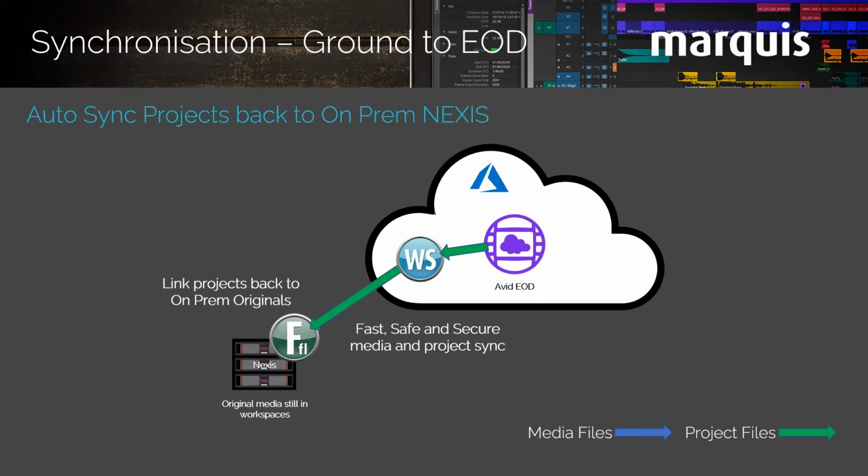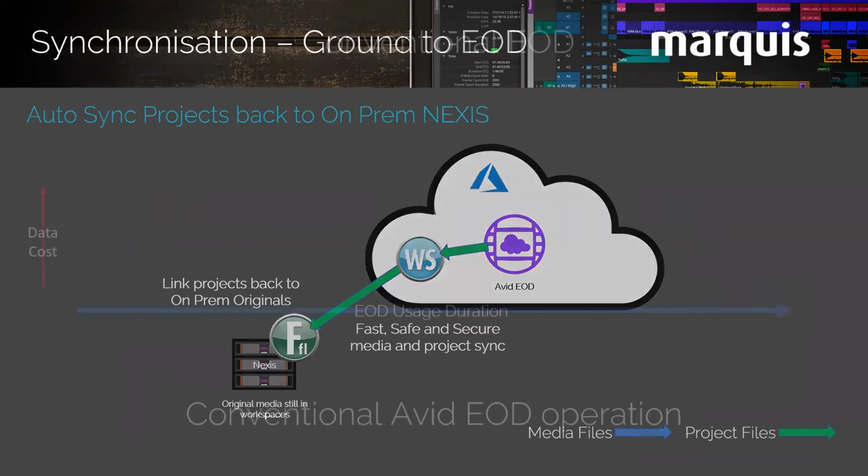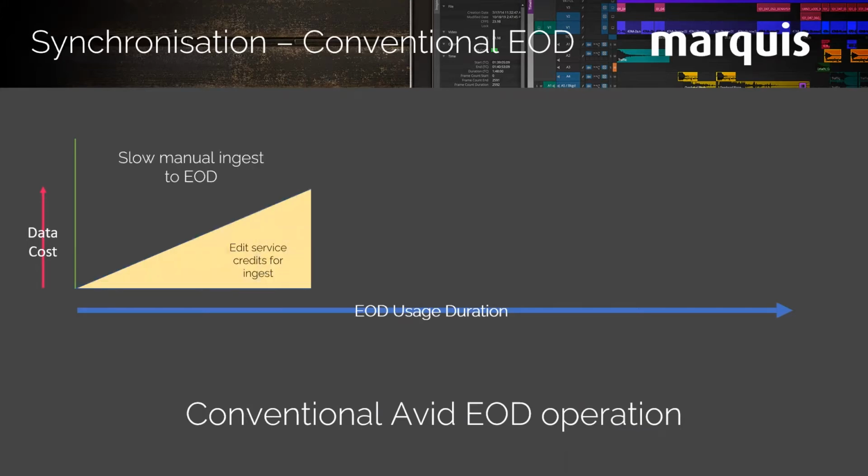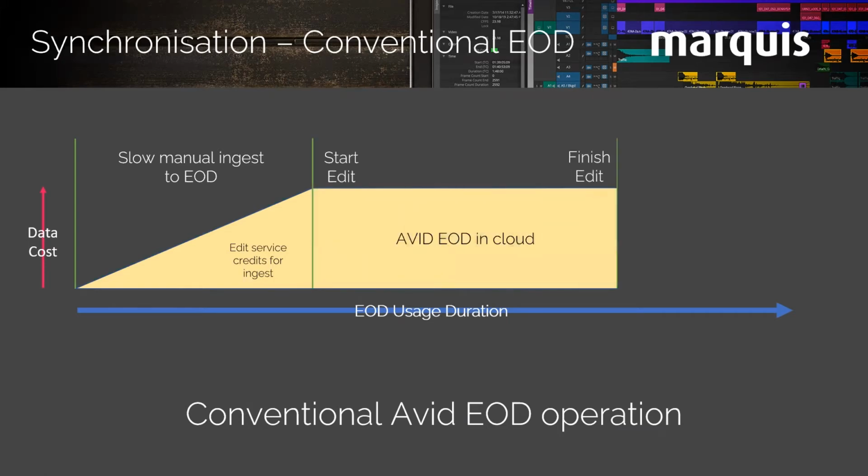Now, if I look at how this kind of workflow would come together in a conventional EOD environment, we'll see first off, there's a gradual buildup of content during the ingest phase as the items are being brought into the on-premise system and chosen by the user and pushed up to EOD and manually triggering the uploads. Once everything is there, the EOD instance is ready for the work to commence and that project can actually start work.